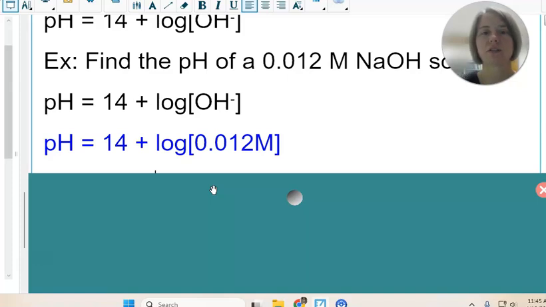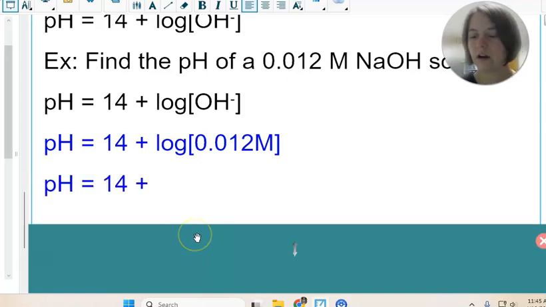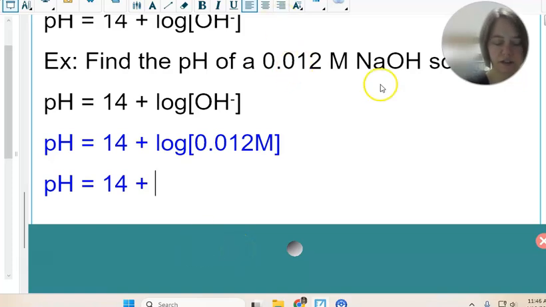And then you can grab your calculator, and the log of 0.012 is about negative 1.92. We're going to get 2 sig figs, but I'll put in an extra digit there.